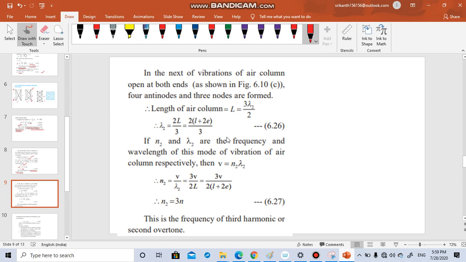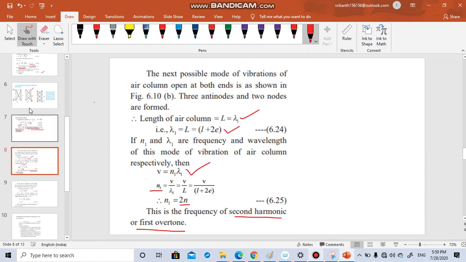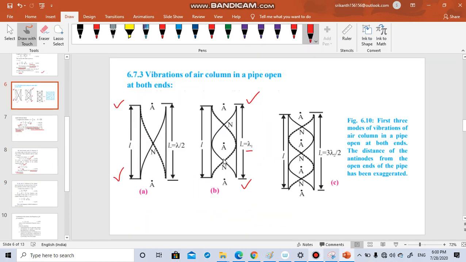So similarly, if we go to the next case, we have tackled 2 nodes. Now we will tackle 3 nodes. So how much will be the length? Again lambda will change, antinode to antinode, lambda by 2. Here it will be lambda 2 by 2. Again antinode to antinode, another lambda 2 by 2.